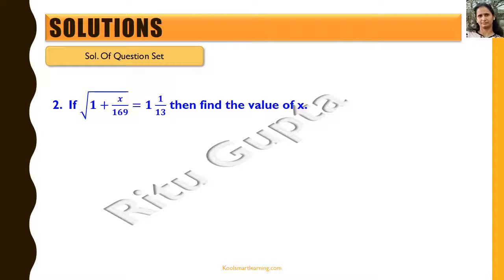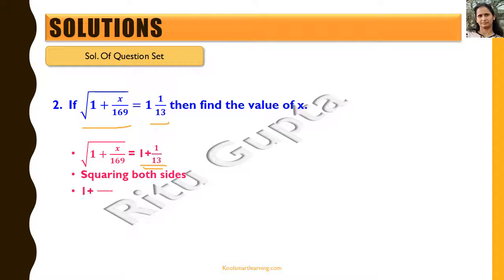We are provided that the square root of 1 plus x by 169 is equal to 1 by 13, which is a mixed fraction, and we need to find the value of x. So 1 by 13, which is a mixed fraction, can be written as 1 plus 1 by 13. Now we square both the sides and we get 1 plus x by 169 is equal to 1 plus 1 by 169 plus 2 by 13.